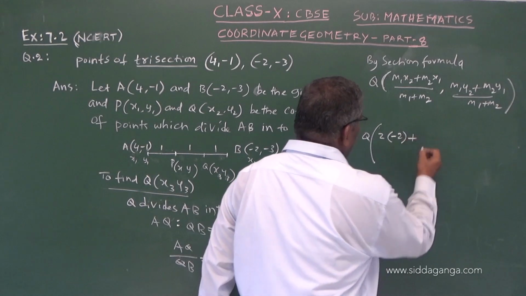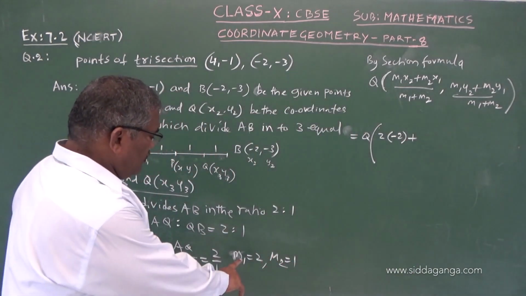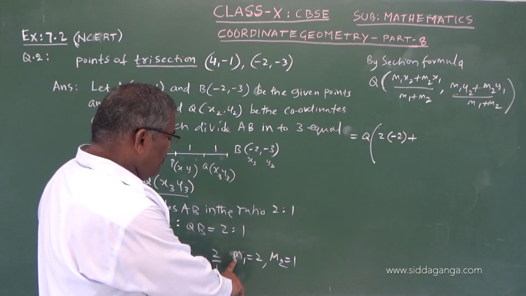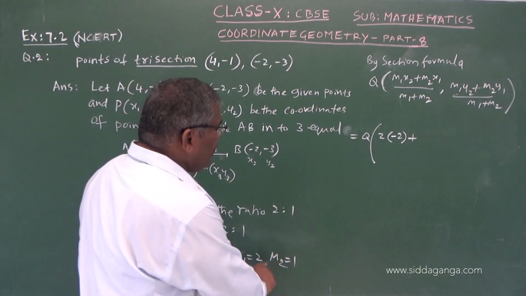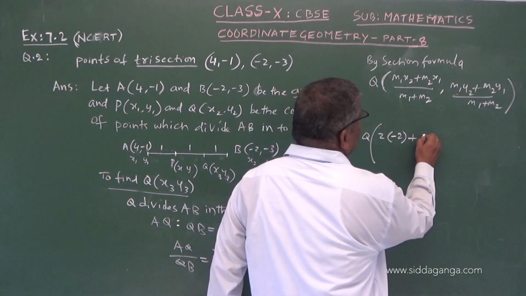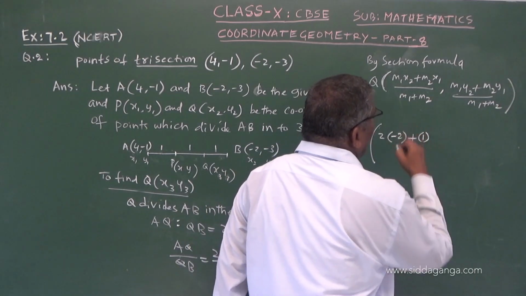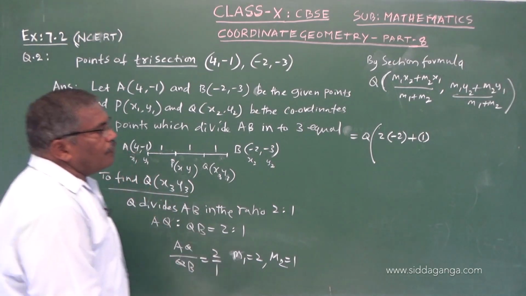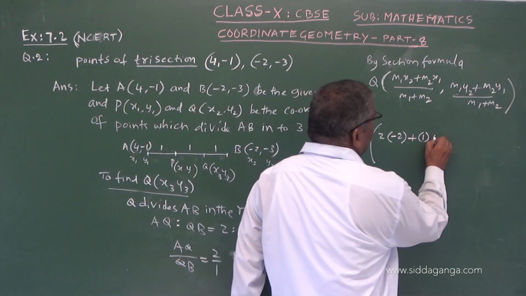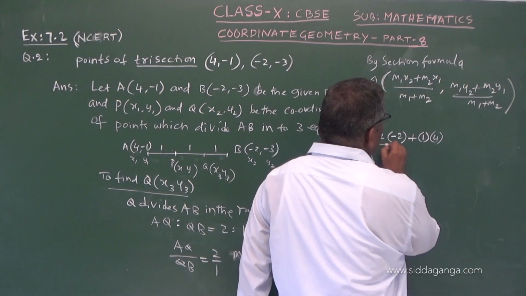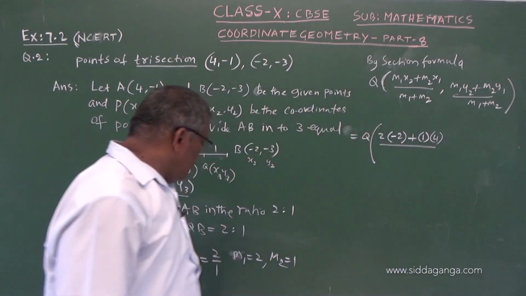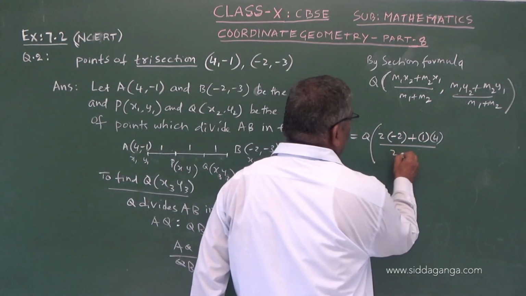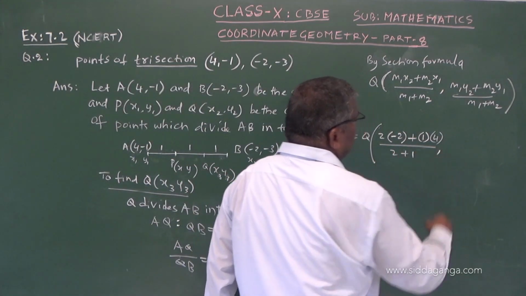Plus M2 is 1, into x1. You can see x1 is 4. Divided by M1 plus M2, which is 2 plus 1.